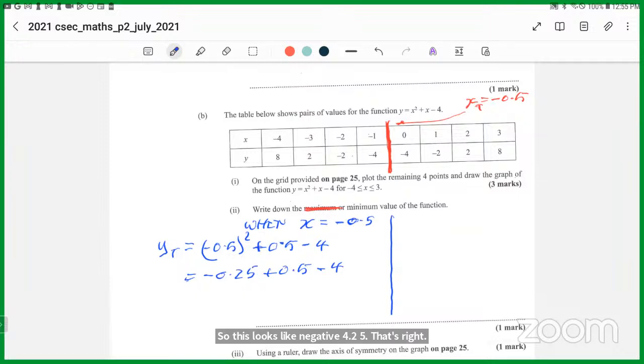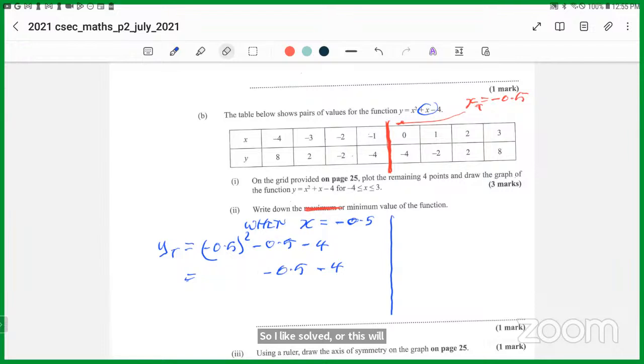Oh, this is supposed to be a minus 0.5, not a plus. My mistake, because it's plus x, but the x that we're using is negative 0.5. So this is negative 0.5 and negative 0.5. Oh, this will become a positive 0.5.